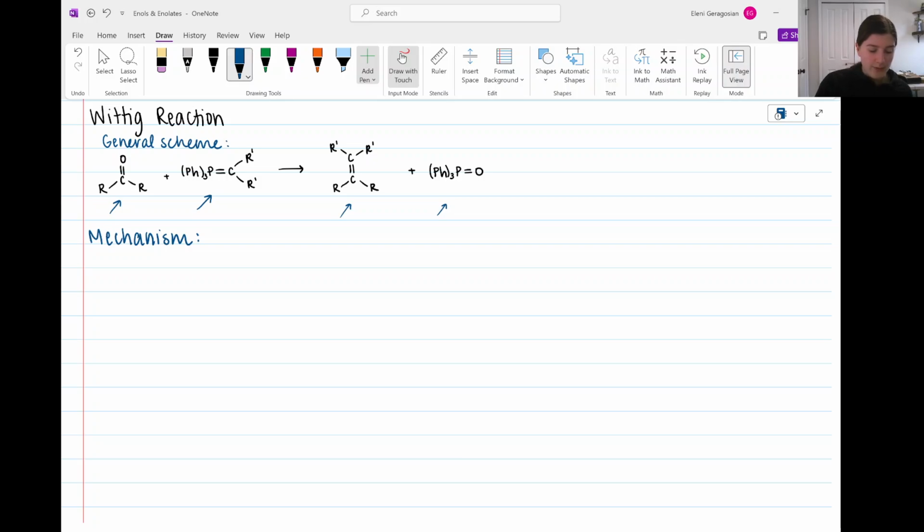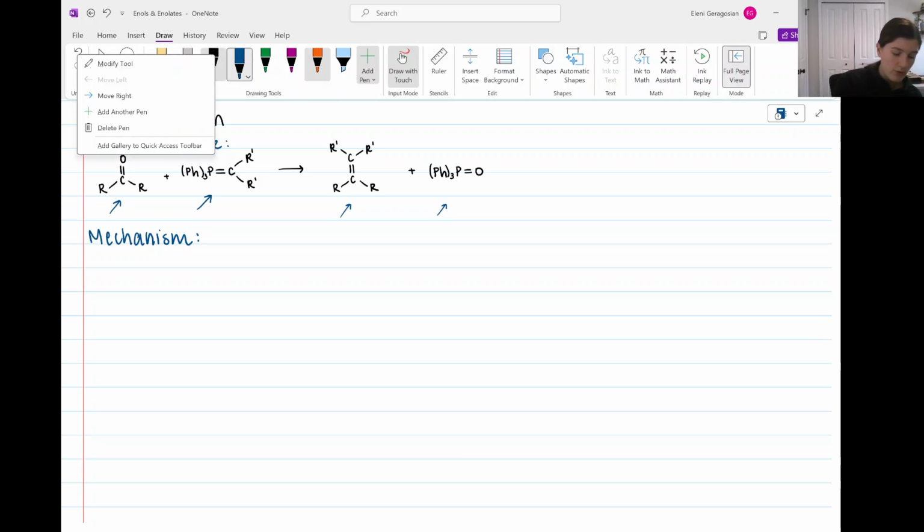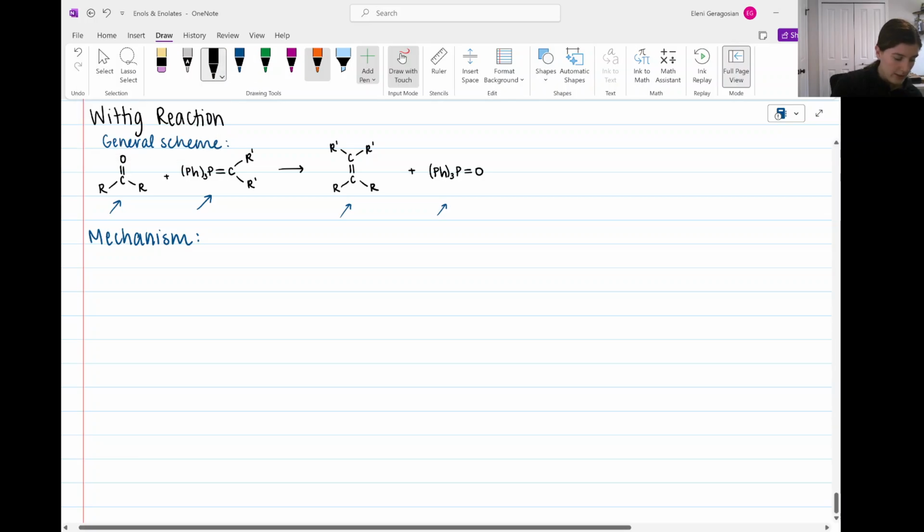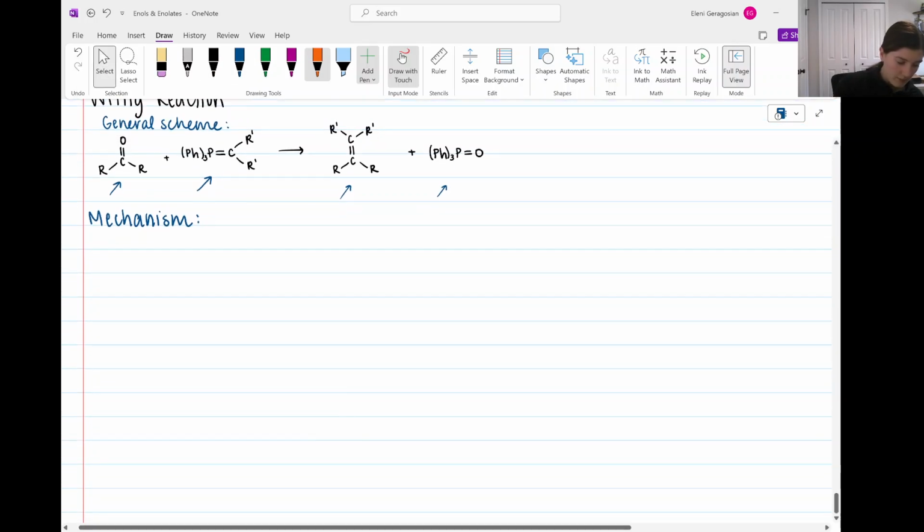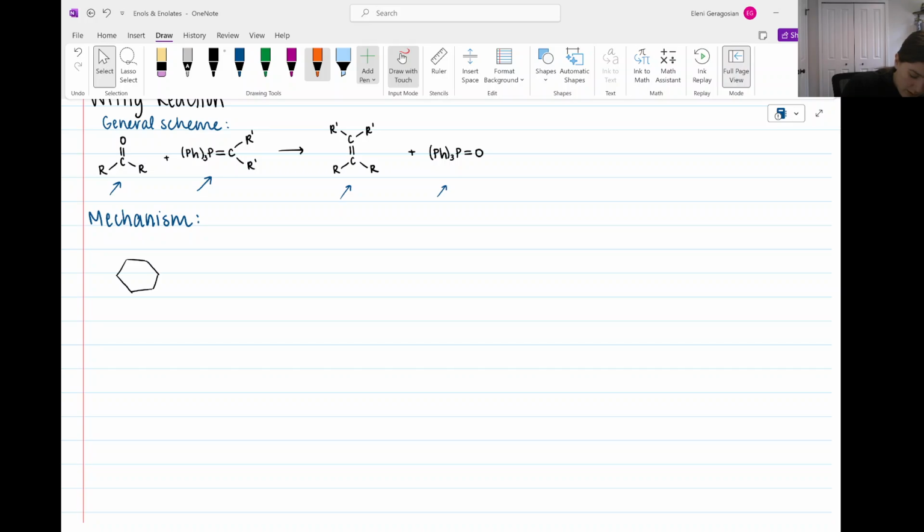Okay, so assuming we formed our ylide and we are adding a ketone to that solution with the ylide, we will use cyclohexanone in the mechanism as an example. So this is our ketone.